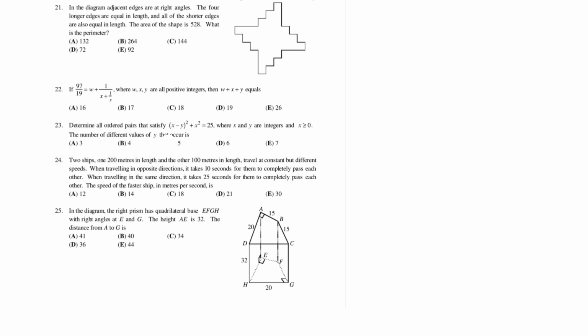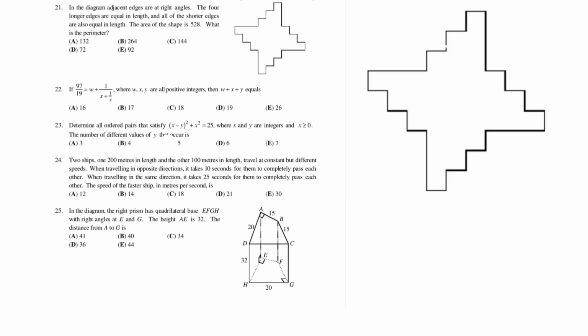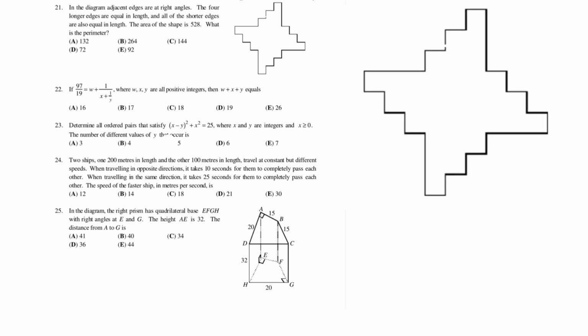What is the perimeter? Let's copy this graph. Now I get it. I draw all the small squares. Now I have already drawn all the small squares.